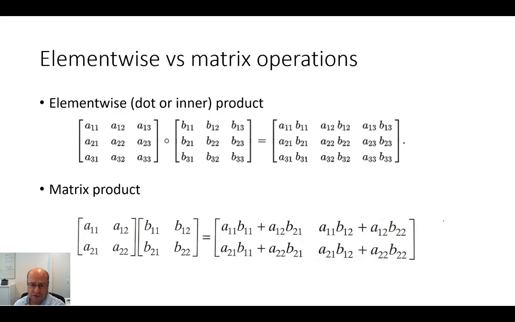So that's another point that I want to stress here. Be very careful about what kind of operation you are applying on the matrix. Usually, when we are doing matrix multiplication, we are not doing the normal matrix product that we are all well acquainted of. We're doing element-wise product, which is also called dot product or inner product.